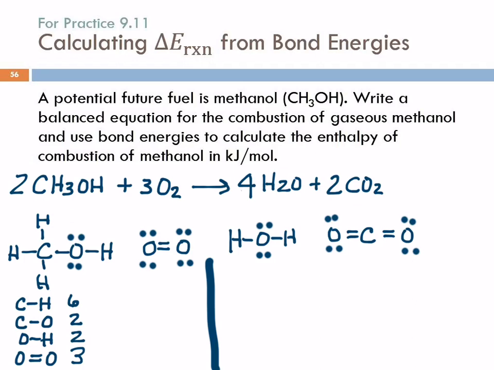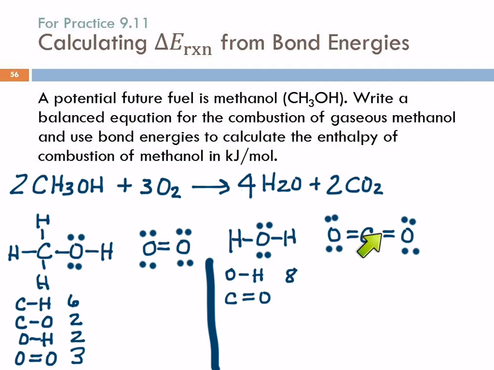So over on the right side, I'm going to make a tally here. I've got hydrogen-oxygen bonds, and I've got carbon-oxygen double bonds. That's all I've got. So in here, there's 2 in each molecule and 4 molecules, so 8 of those.